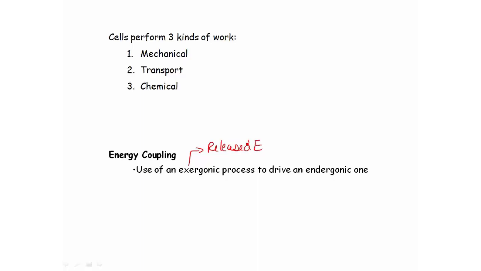We will be running exergonic processes inside of our cells because they release energy, and then we can use that energy to power the endergonic reactions. Because keep in mind, the endergonic reactions actually require energy. So we run the exergonic process because it provides some energy that we need to force our endergonic reactions to actually run and take place.